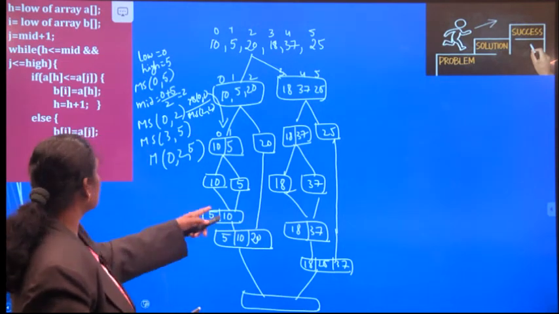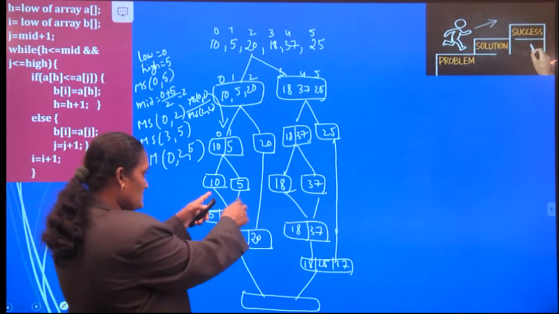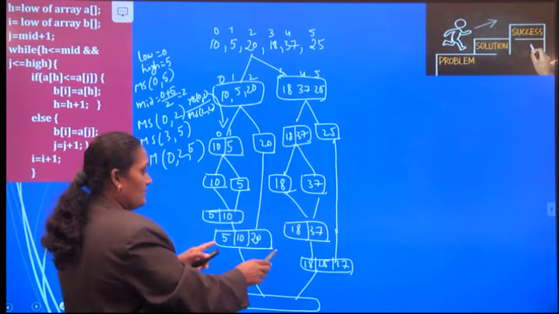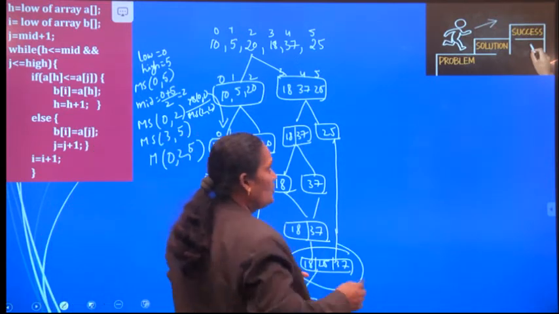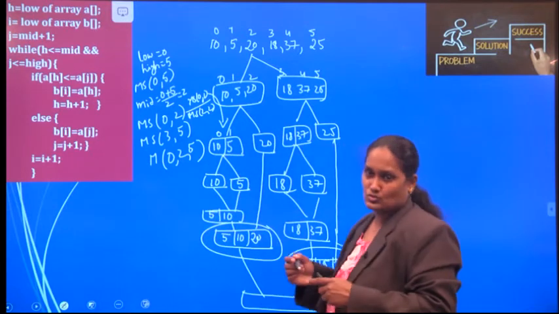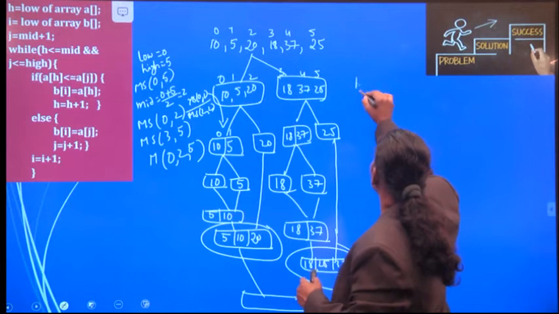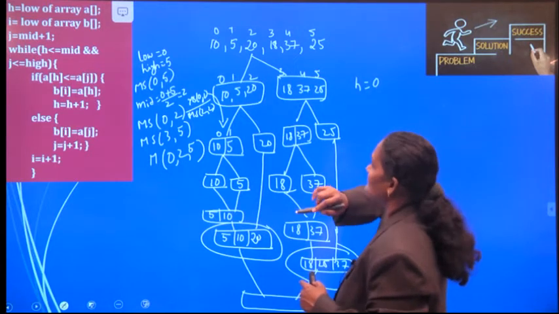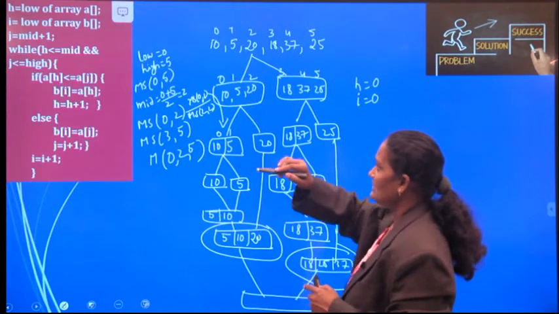How is this merging done? I am going to explain that. Actually, we need to explain from here itself, but for clear explanation, I am taking 2 subarrays and explaining how the merging process is done for those 2 subarrays. Let us see. H is equal to low of A, which is nothing but 0. I is equal to low of B, which is also 0.